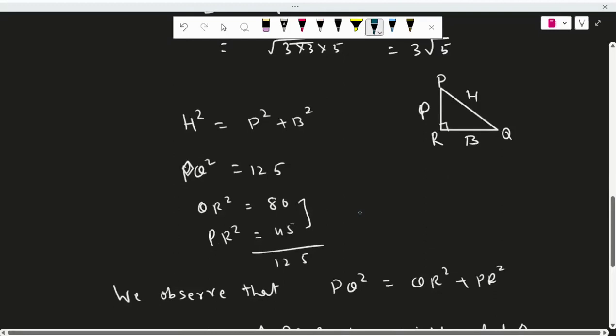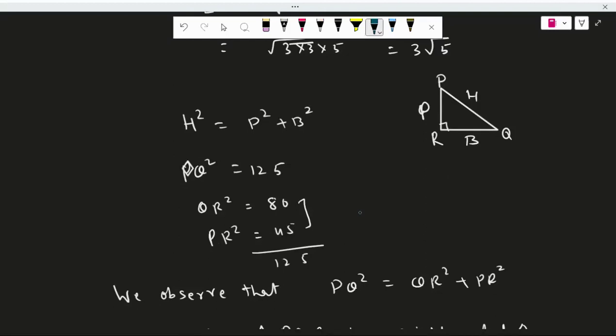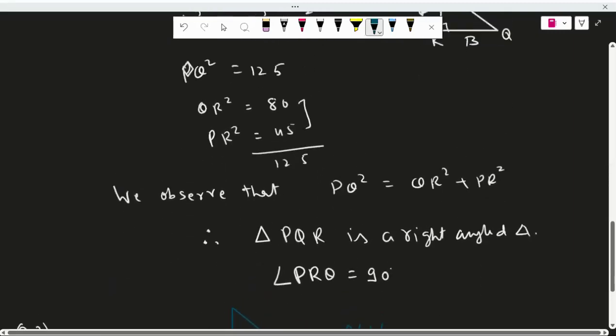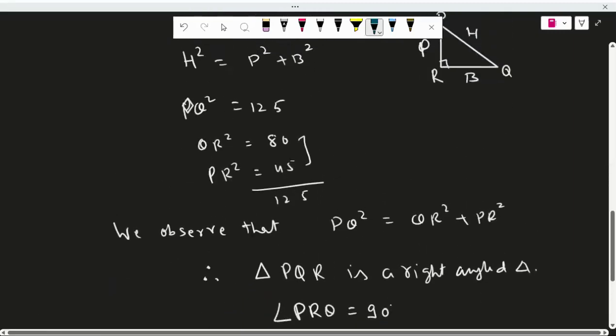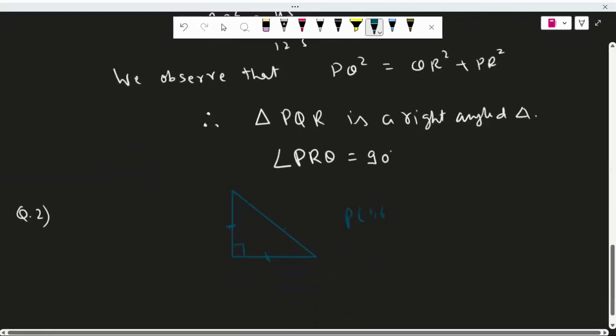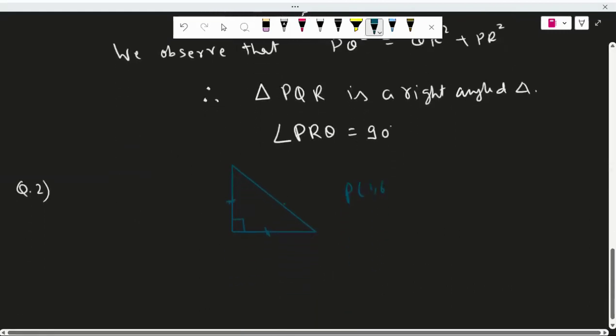The square of this longest side is the sum of the squares of the other two sides, so it is definitely a right angle triangle. The angle opposite to the hypotenuse is the right angle, 90 degrees.